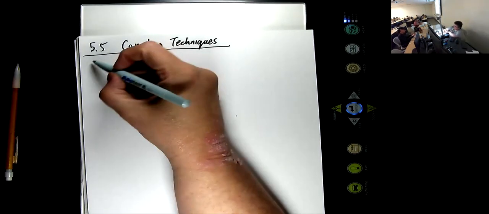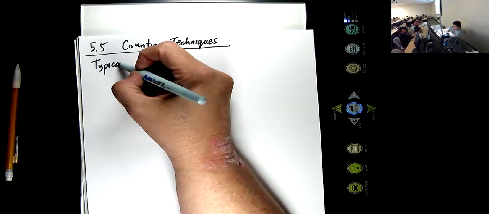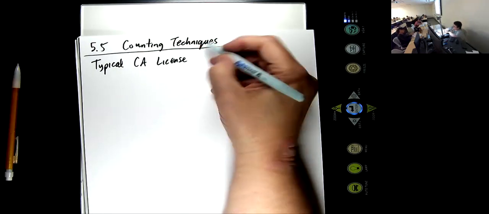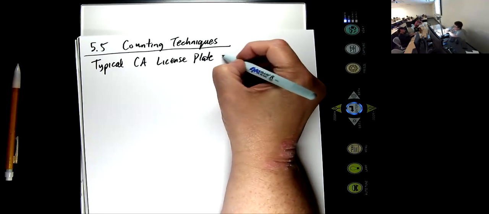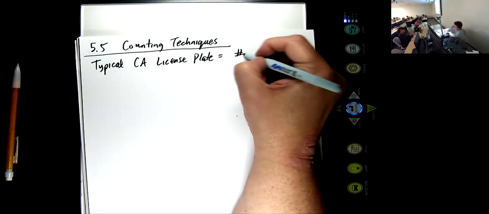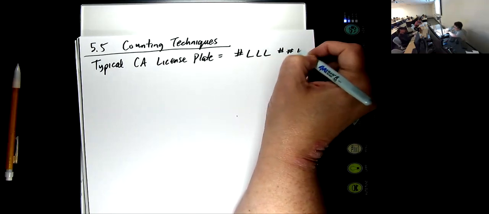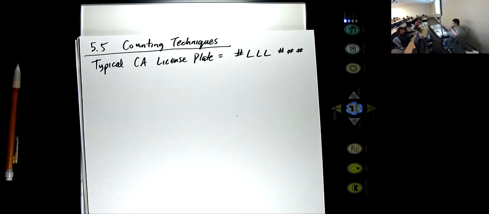A typical California license plate looks like this. It's got a number, it's got 3 letters, and then it's got 3 more numbers. How many different combinations are possible?